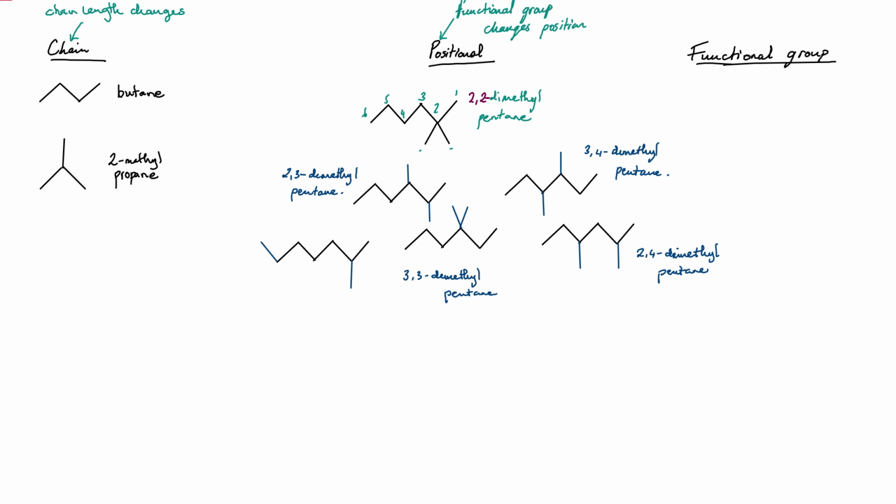We also have students, if we look at this one here, that decide that this molecule and this molecule, so these two molecules, are completely different to each other, whereas in fact they're entirely the same. There is nothing different about these two. They are both 2,3-dimethyl pentane.